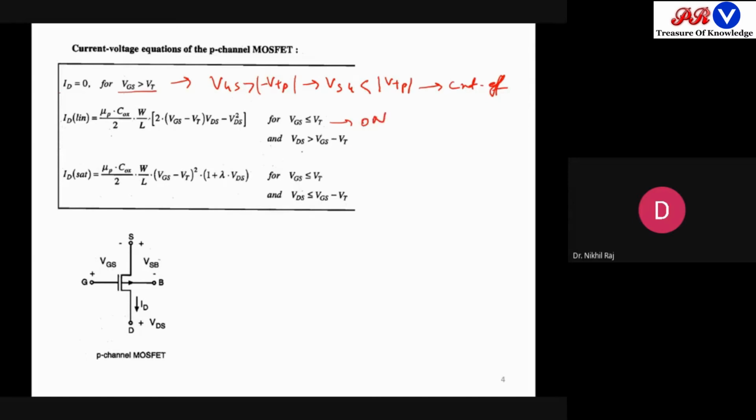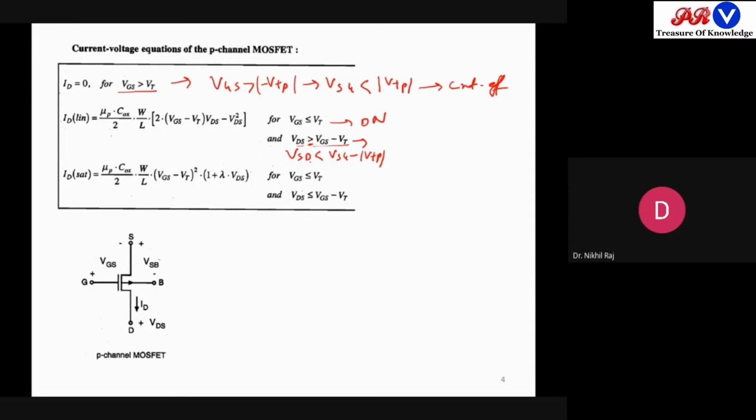So if you recall for the NMOS, it was VDS is less than VGS minus VTH, but here VDS is greater than VGS minus VTH. So here the symbol notation changes. This can also be written as VSD should be less than VSG minus mod of VTP.